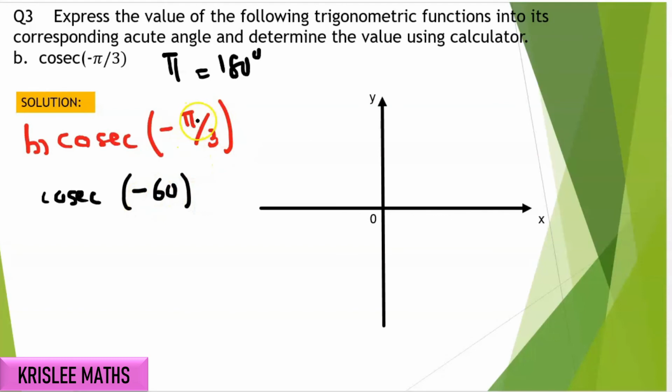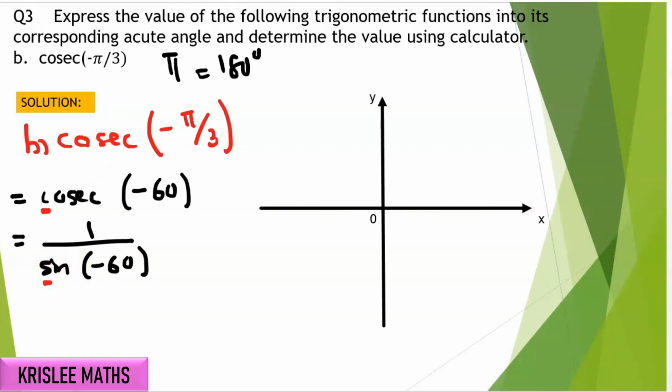Substitute the pi value as 180, divide by 3, you'll get 60. So now we have cosecant of negative 60. Now remember, cosecant is the reciprocal of sine. If cosecant, you start with C, the reciprocal is S, sine.